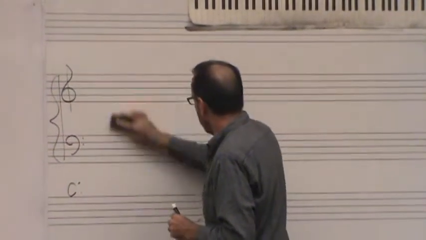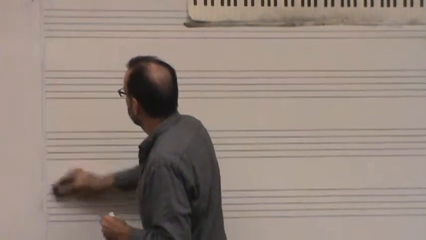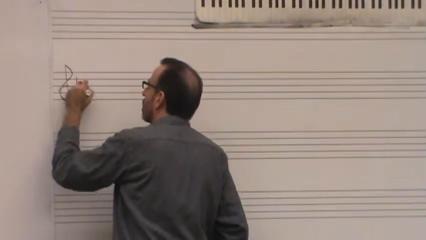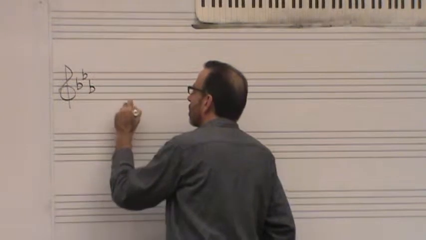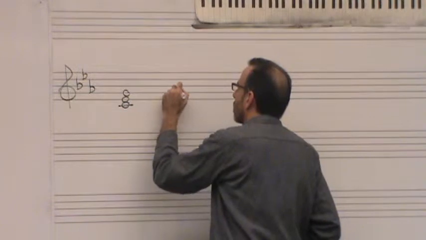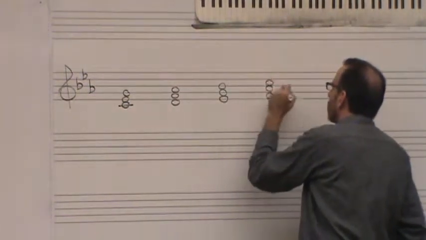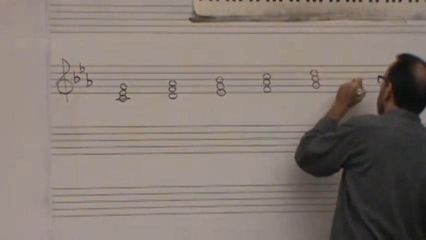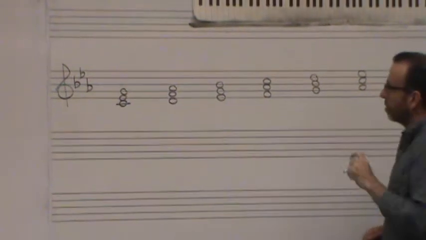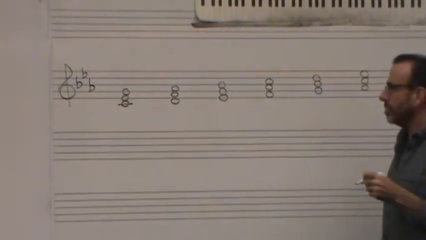The other thing I guess we should do is in minor. There's a couple things in minor that are different than major, and so I just want to point that out to you.